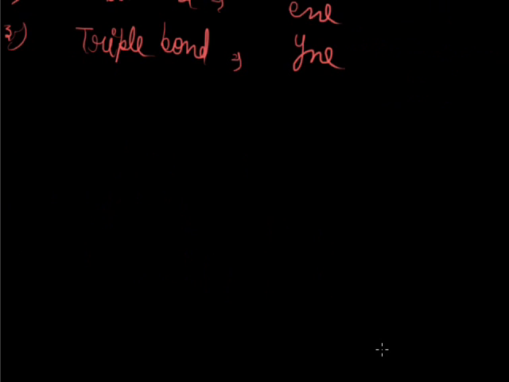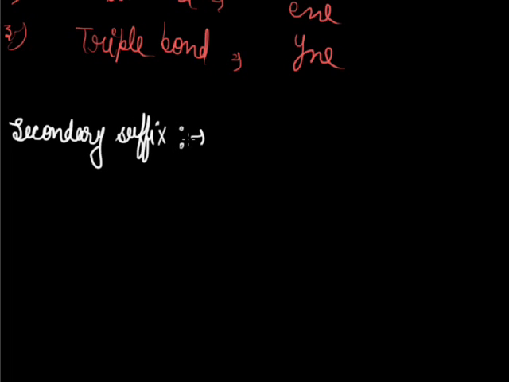Now secondary suffix. When any functional group is present in organic compound, then we have to use secondary suffix. So we can say that suffix added after the primary suffix to indicate the presence of a particular functional group in the carbon chain is known as secondary suffix.